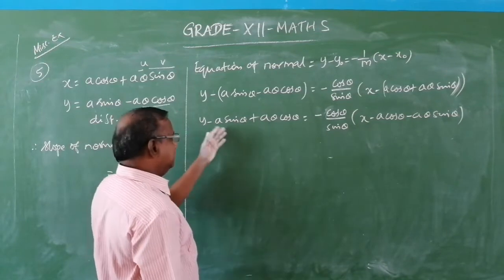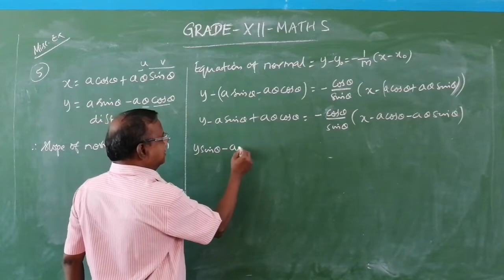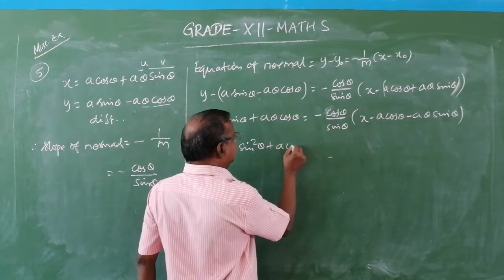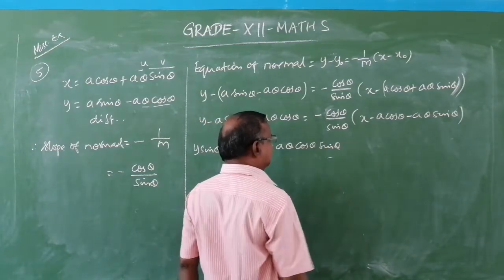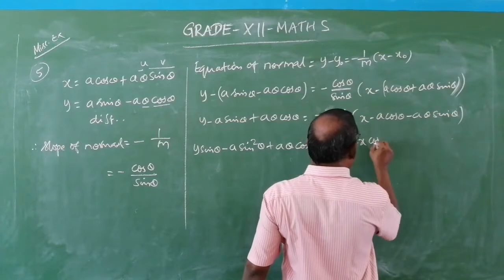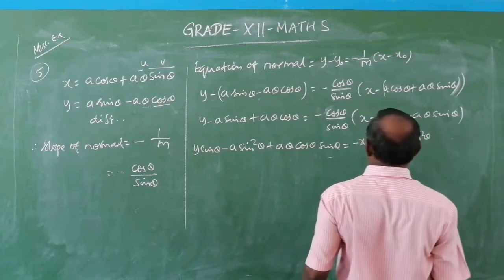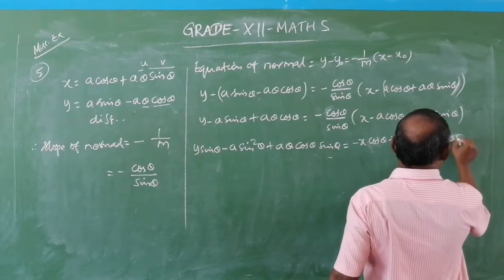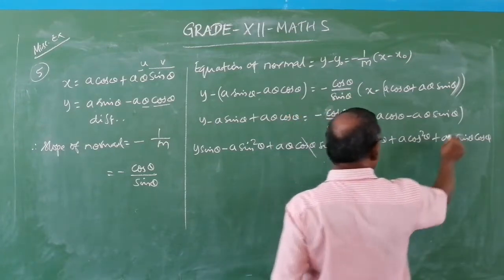Now, multiplying by sin theta on the left side, y sin theta minus a sin square theta plus a theta cos theta sin theta equal to minus x cos theta plus a cos square theta plus a theta sin theta cos theta. So we can eliminate these two.